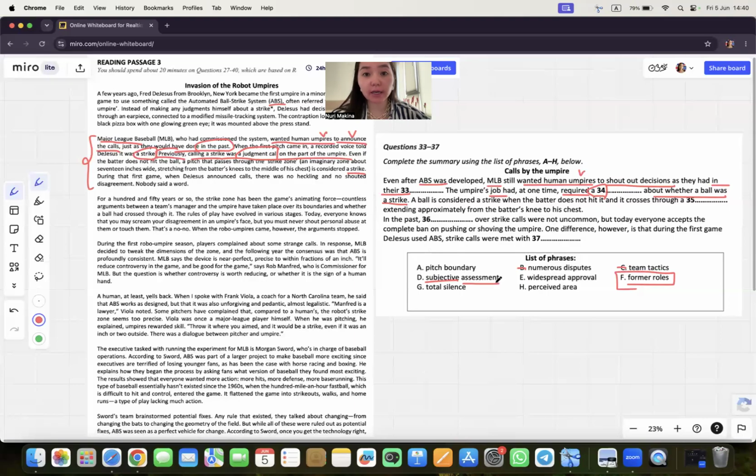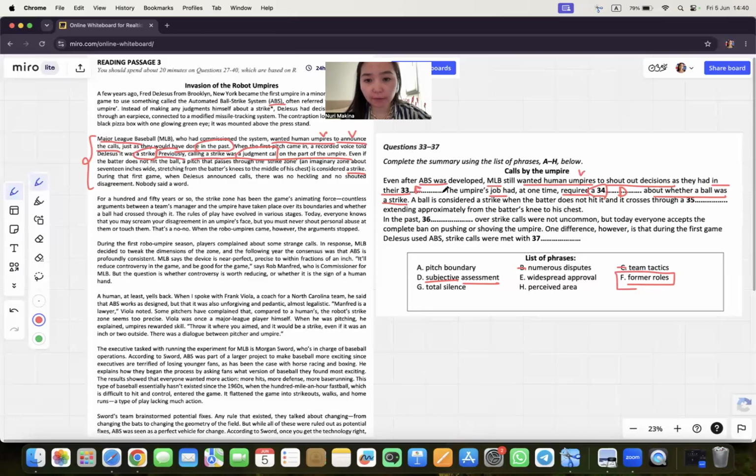So people are assessing, they are evaluating, they're figuring out whether it was a strike or not. So this answer is going to be D, okay? So required a judgment call about whether a ball was a strike. So this is how you figure it out. So yay, great job. So 33 was F, 34 is D.